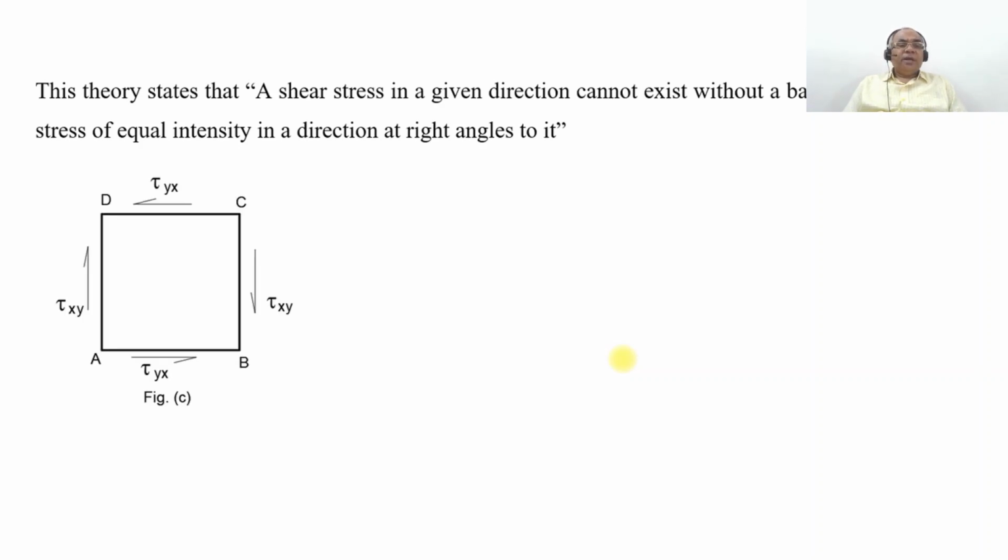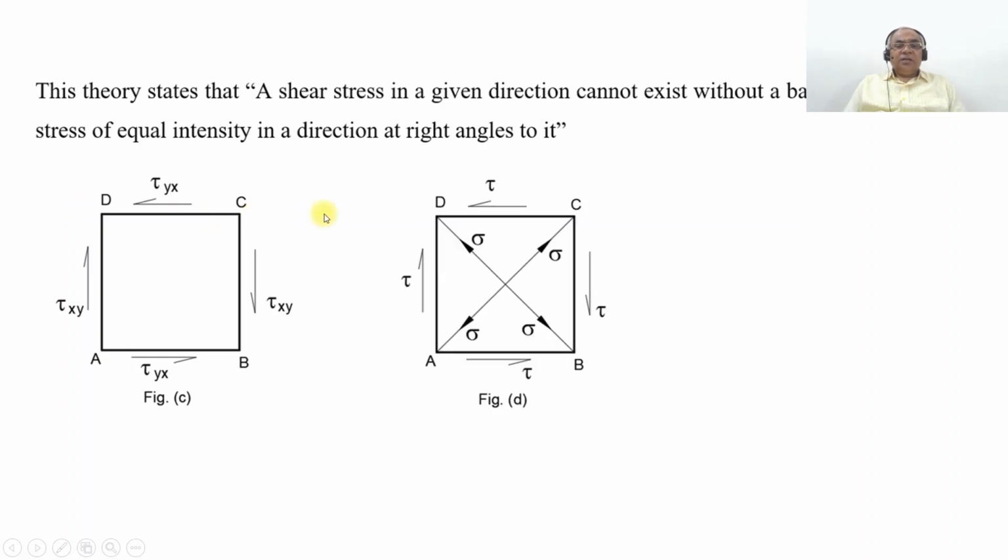So that means we have ABCD. Tau xy is acting along the plane AB, and tau xy is acting in the direction perpendicular to AB, that is on BC. Similarly, when tau xy is acting along the direction of AD, tau yx will be acting perpendicular to it, along the direction of CD, into 1.